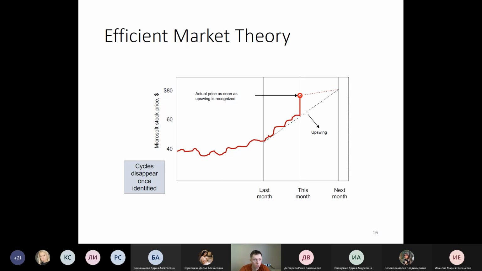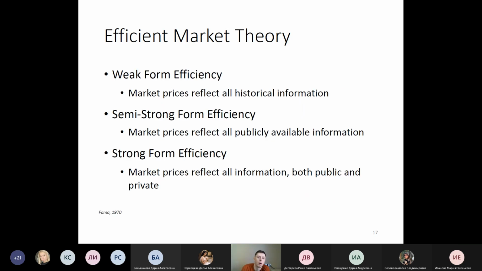Also important is how fairly information is distributed among the market participants, and depending on the fairness of the information distribution, we can identify different levels of the market efficiency.